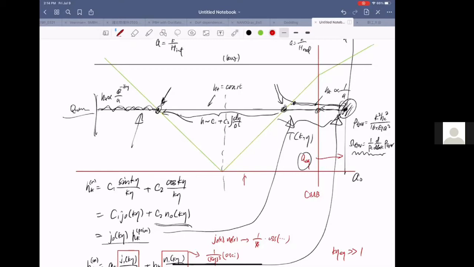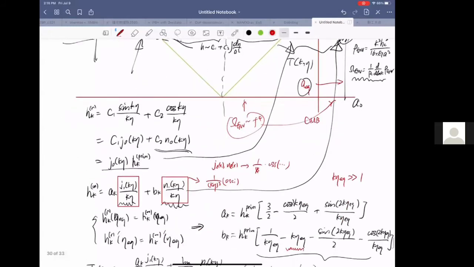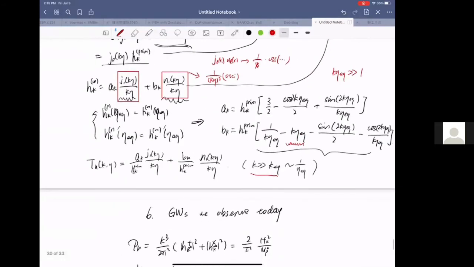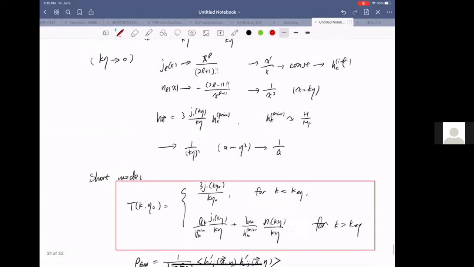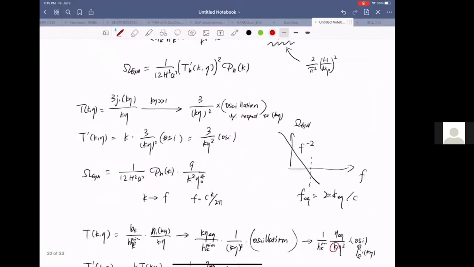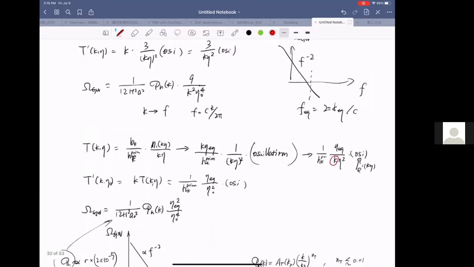So if you calculate omega GW of this mode purely, then you will find that this is proportional to the frequency to the fourth. It's a huge divergence, but it's not physical. I will not talk about this in detail, but just to let you know.